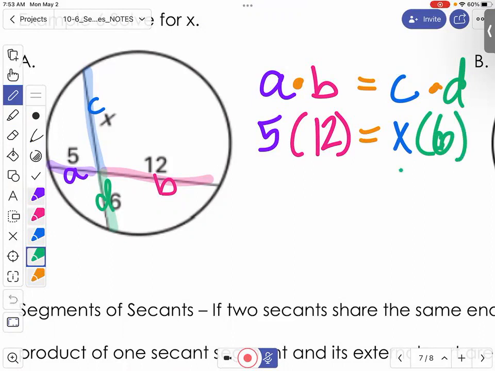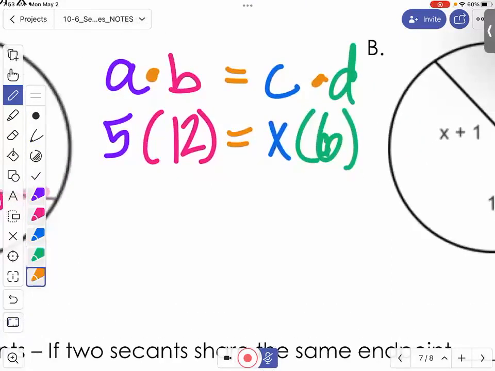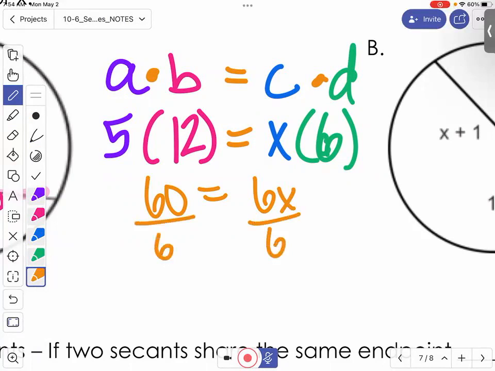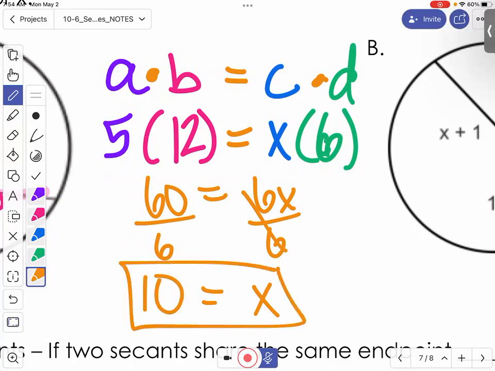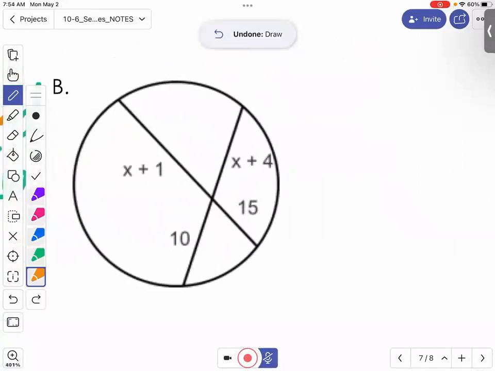So we have our equation here that we're going to solve. 5 times 12 gives us 60, which is equal to X times 6, or 6X. Now I can divide the 6 out, and my missing piece, my X, has a length of 10 units.